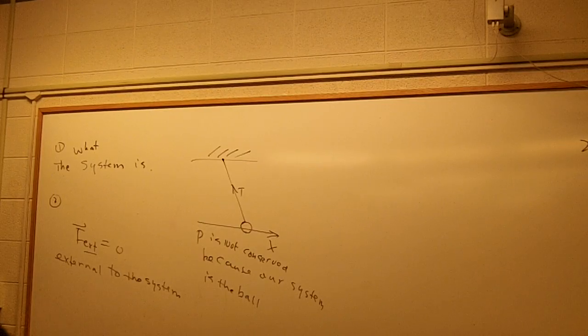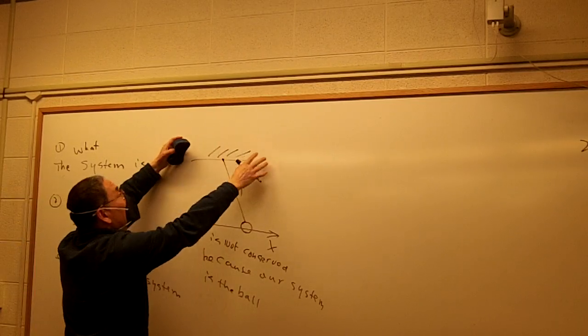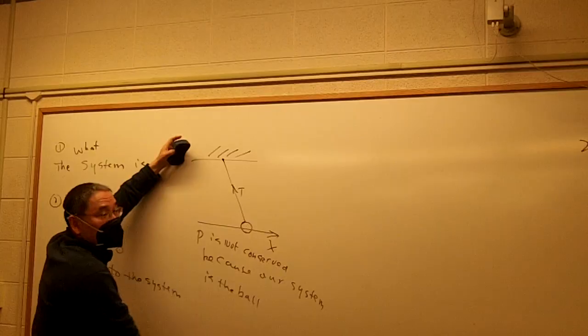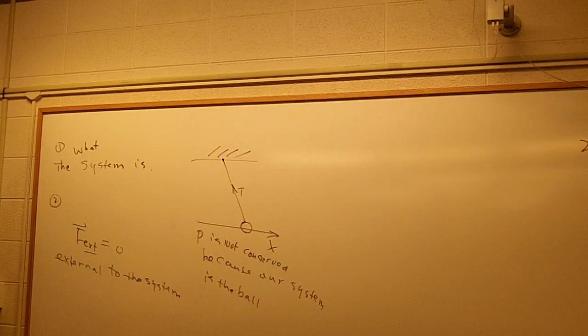On the other hand, if we include everything, now we're including the ceiling, the string, the earth, everything, then the momentum is conserved. So it depends on which one you talk about as your system.